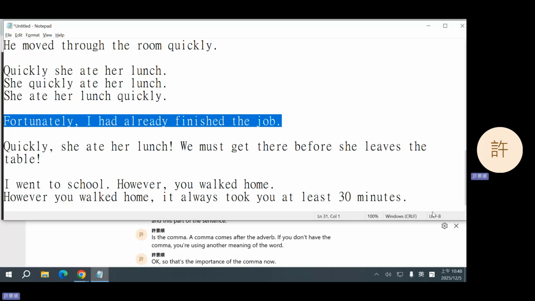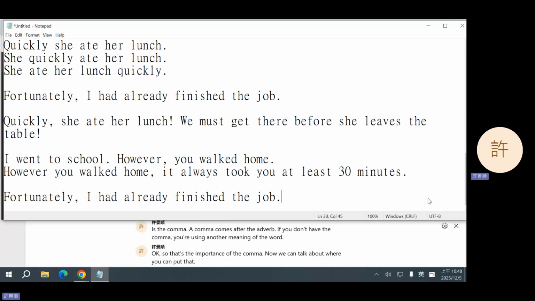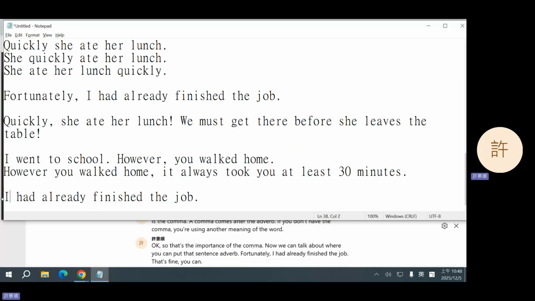Now we can talk about where you can put that sentence adverb. Fortunately, I had already finished the job. That's fine. You can say, I fortunately had already finished the job.